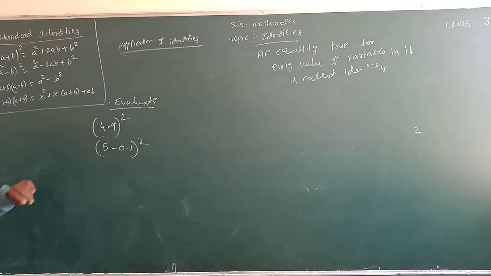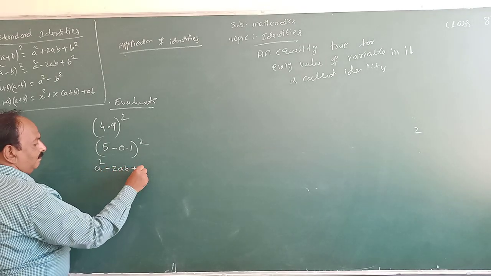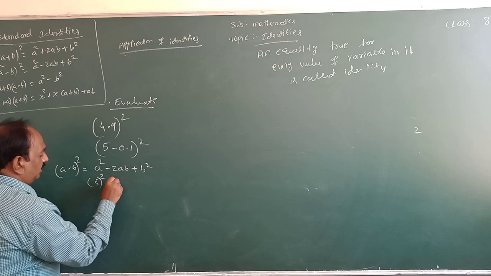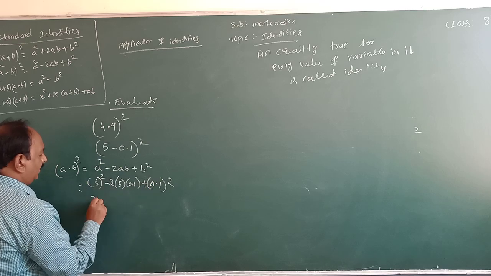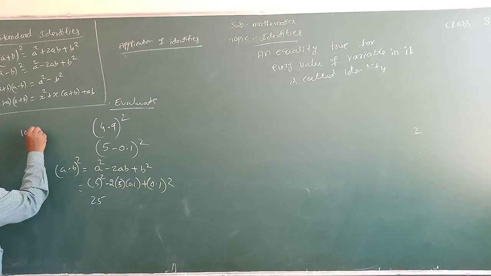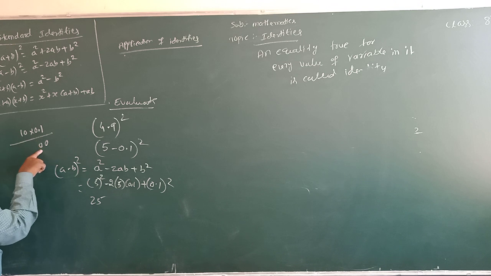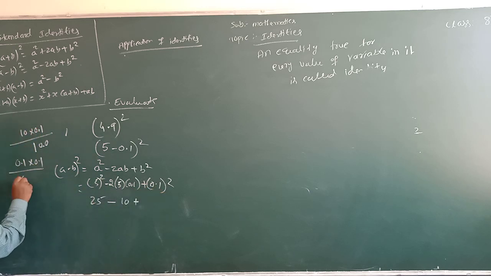This is of the form (a - b) whole square, a square minus 2ab plus b square. a is 5 square, minus 2 into 5 into 0.1, plus 0.1 whole square. 5 5s are 25. 5 2s are 10. 10 into 0.1: put 0 as it is, 10 1s are 10, put the decimal after one digit, that is 1.0. Then 0.1 into 0.1 is 0.01.